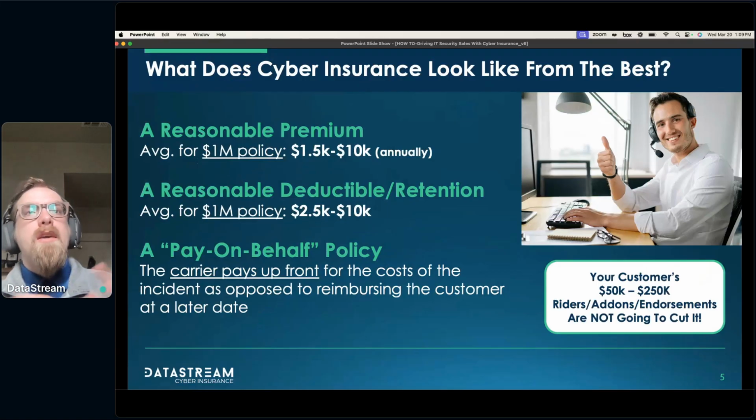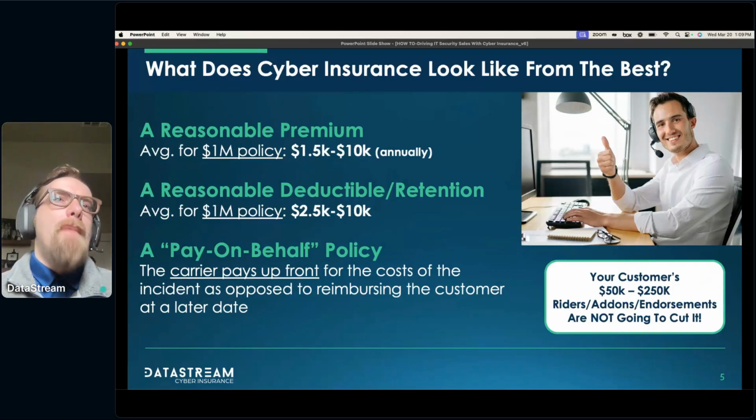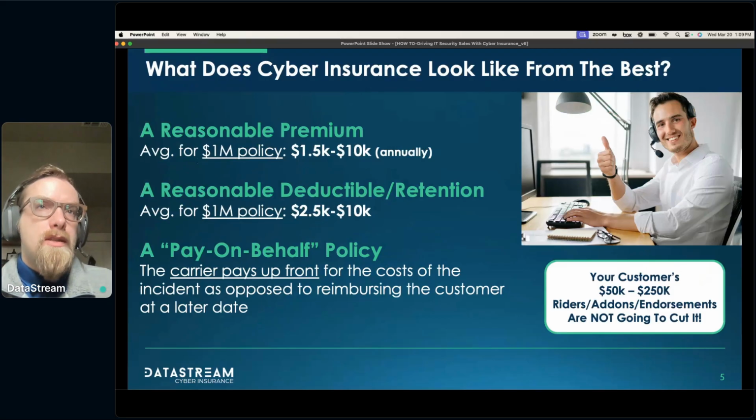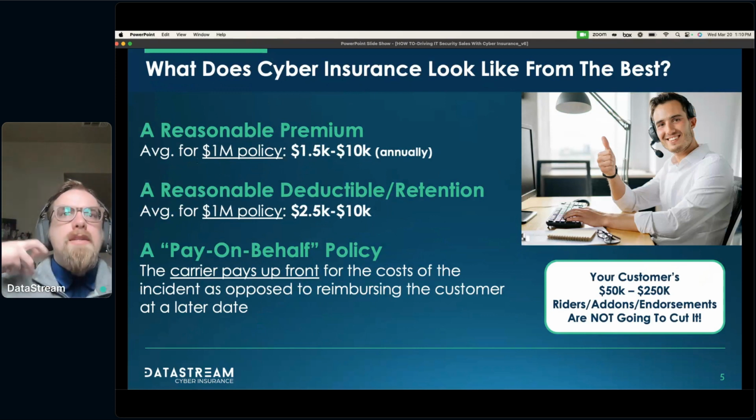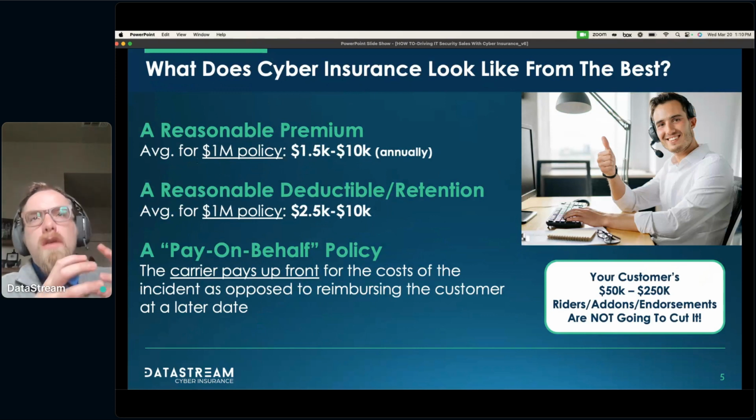I know this is a big variation, and that's where industry and size come in and play a major factor in the premium. That's actually one of the largest things a carrier considers when a customer is initially applying. I broach these numbers to give you an idea of what, on average, a good policy range should look like.